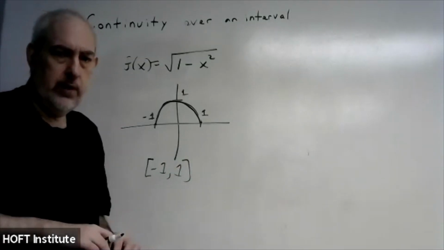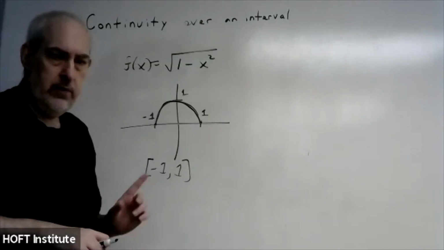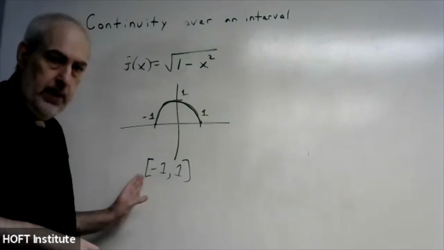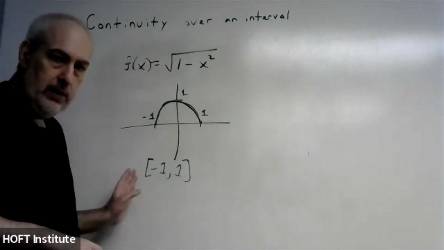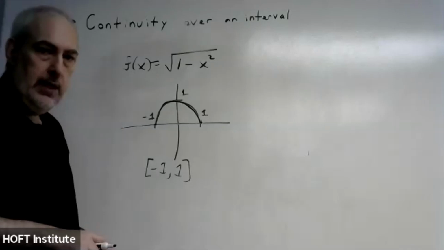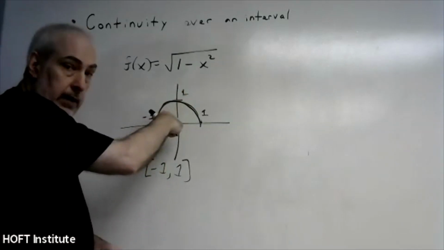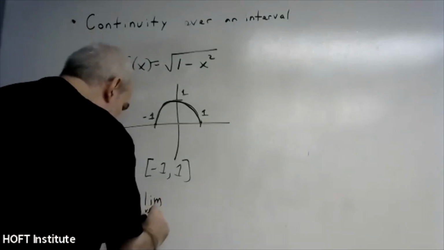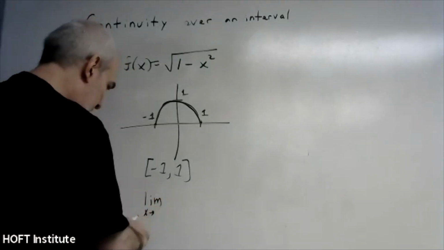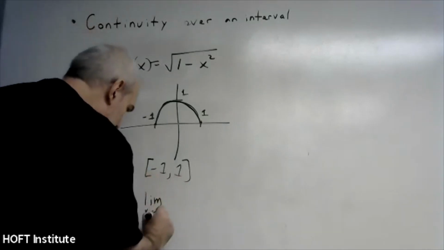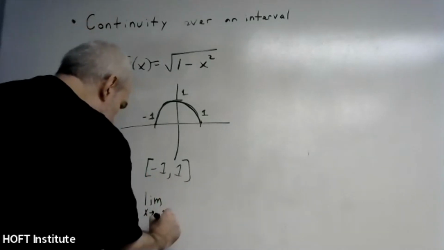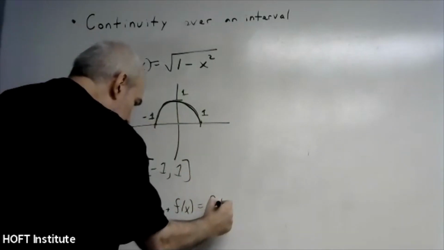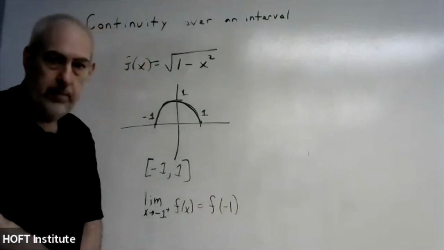So with a closed interval, we have to treat the endpoints a little bit separately. For a left endpoint, if you're using a square bracket, so you're including the left endpoint, then it needs to be continuous from the right side, which means that the limit as x approaches -1 from the right of f of x needs to equal f of -1.